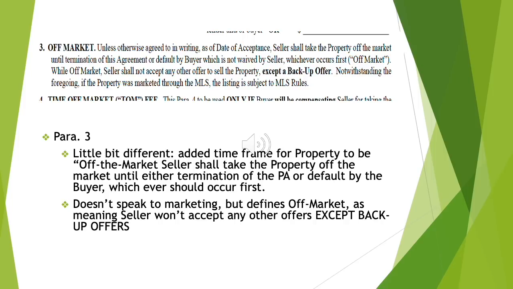I wanted to add that this paragraph doesn't speak to marketing, because I've gotten the question before as to whether or not this would prohibit a seller from continuing to actively market the property in some way so as to solicit backup offers. And this paragraph doesn't prohibit that. As a matter of fact, it specifically defines what off-market means, and it means that the seller won't accept any other offers except backup offers.